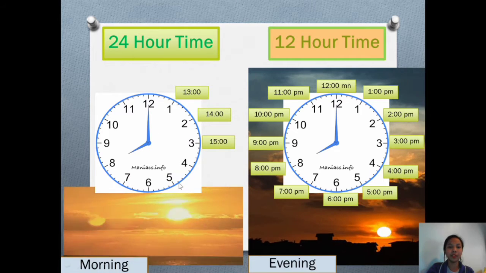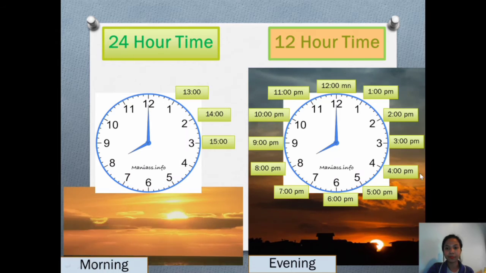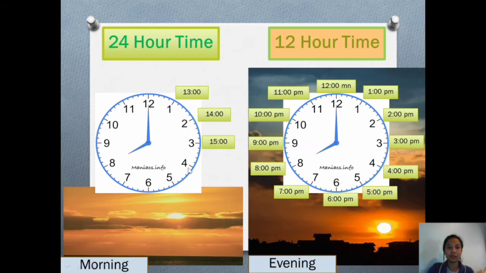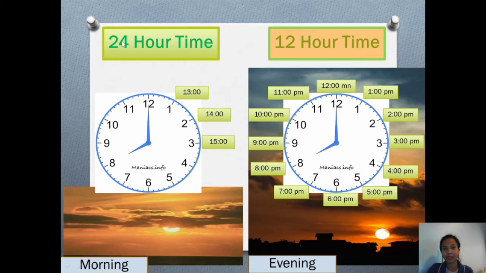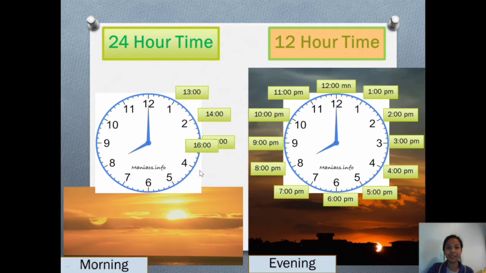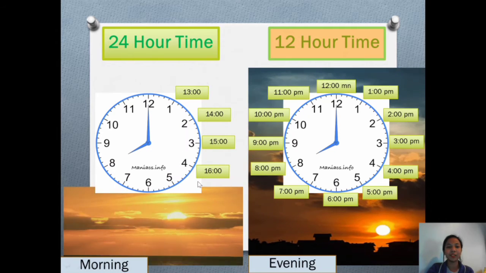Next, what do you think here in 4 o'clock afternoon? What's the number or the time in 24-hour time? It's 16. Just add 1 hour. 1600 hour.